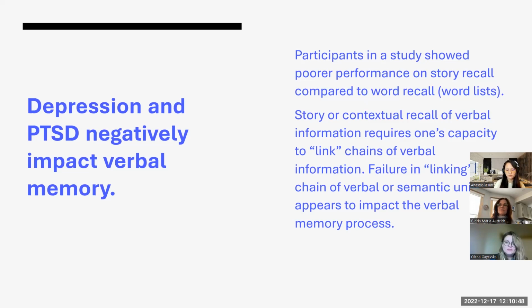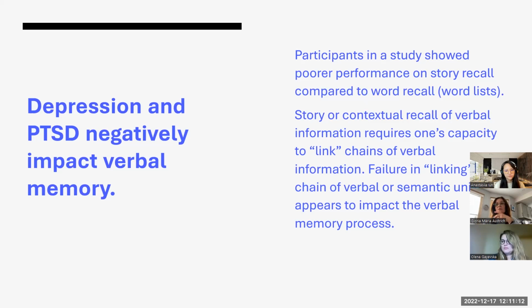If they were read a story and asked to identify the details or summarize what they remember, their performance was weaker than if they were given a list of words, table, candle, cup, sink, and then had to repeat those words.